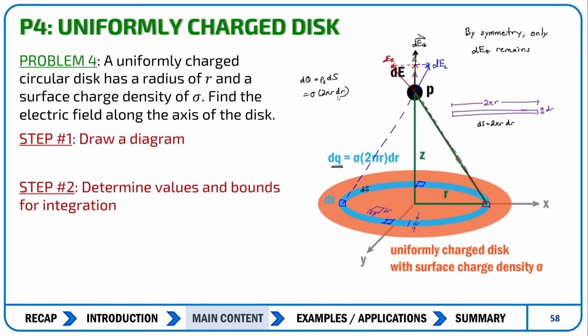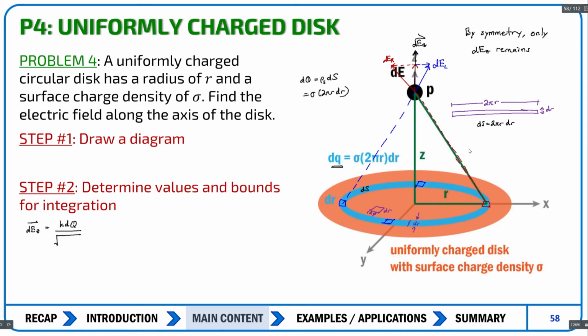So then what do we have? dEz is equal to k dq divided by the square root of, and now let's take a look at what we should actually use for this. R is this distance, and it's going to be, let's go back a bit.